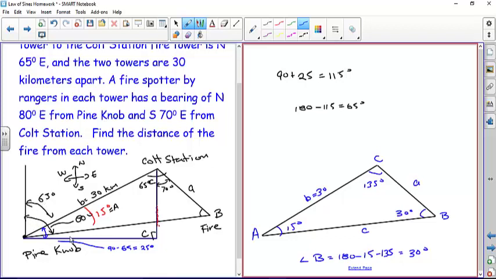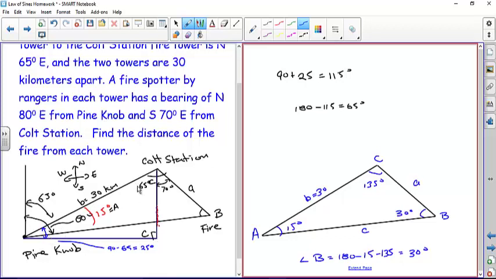And then I used 25 degrees with a hypotenuse of 30 kilometers. Well, I didn't actually use it, I keep wanting to do that, but I didn't. I just said that if this were 25 degrees and this were 90 degrees, then this had to be 65 degrees.